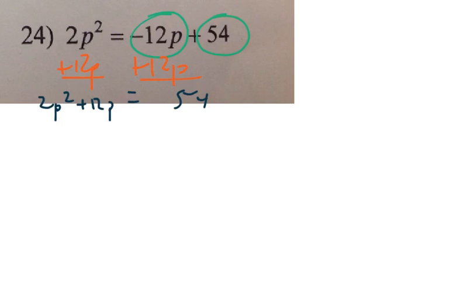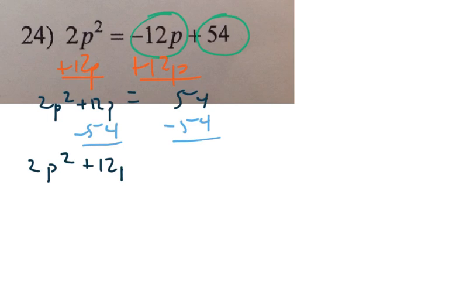And then I'm going to go ahead and minus 54 both sides. Minus 54 both sides. So I finally have 2p squared plus 12p minus 54 equal to 0, right?